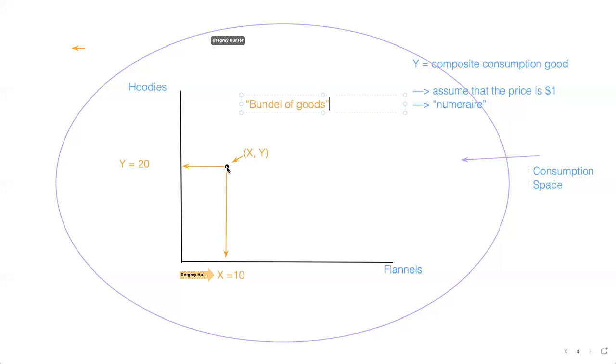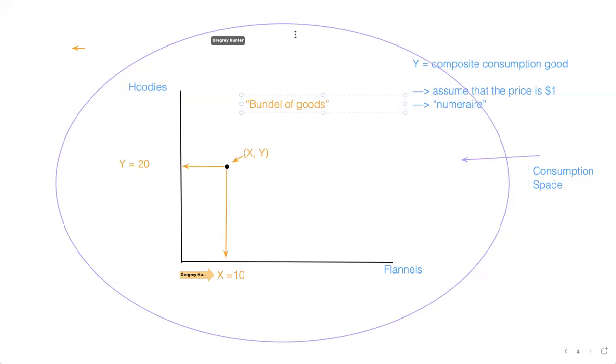A collection or a group of goods that represents 20 hoodies and 10 flannels. So if the consumer owned this point in consumption space, they would have 20 hoodies and 10 flannels. Does that make sense? Yes, that does. Okay.